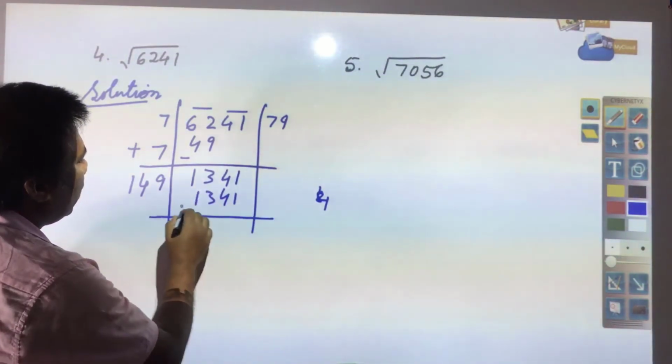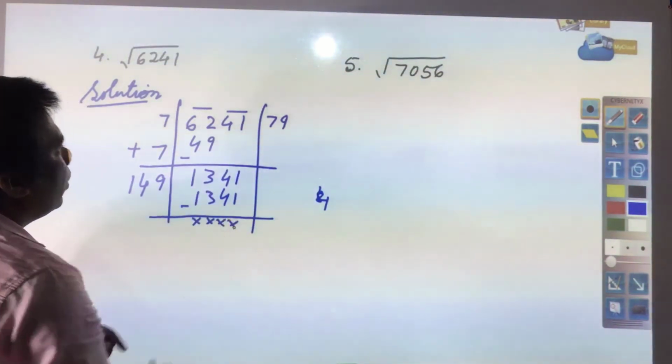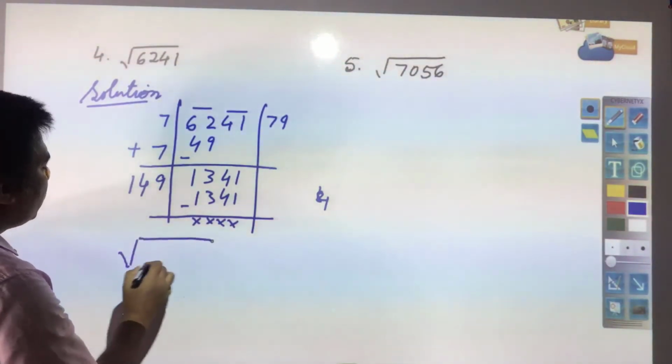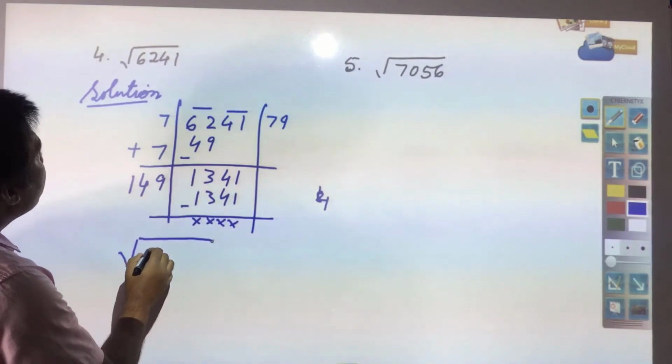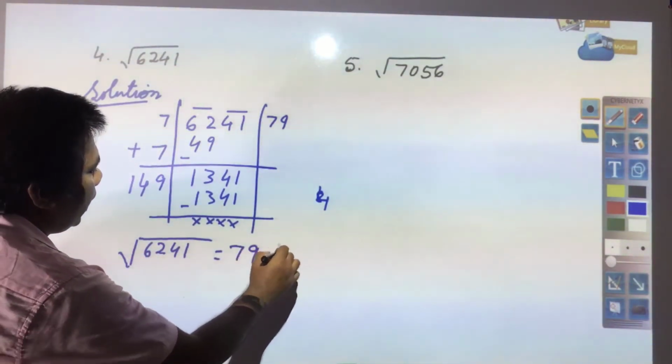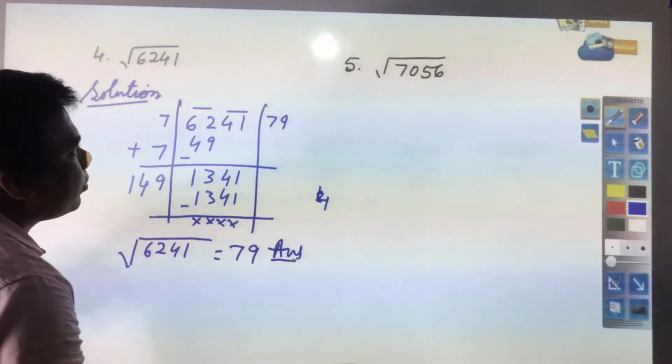So, you have got 79. So, your answer for square root of 6241 is equal to 79, and this is your answer.